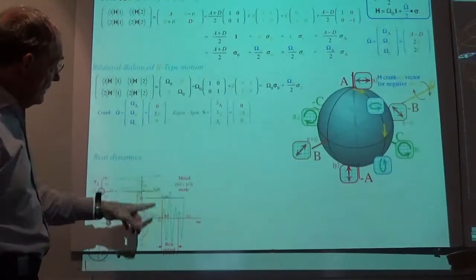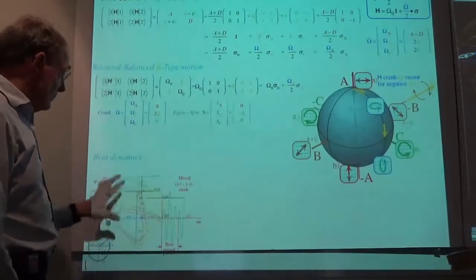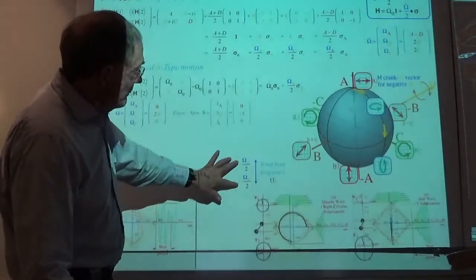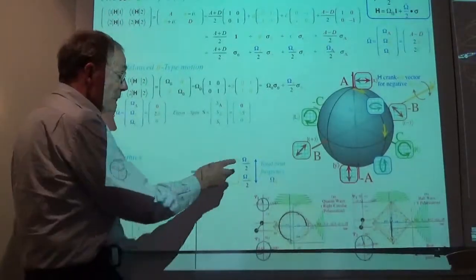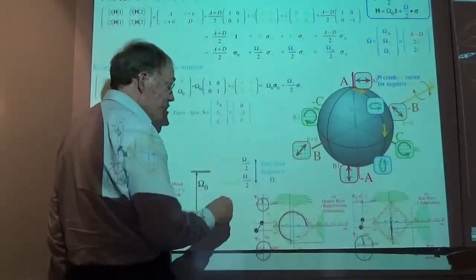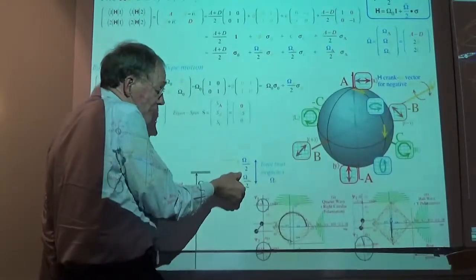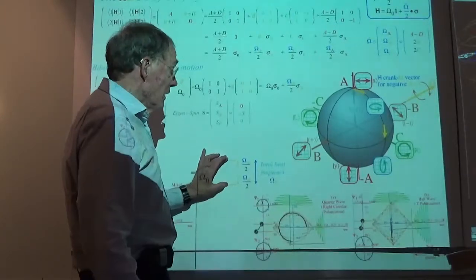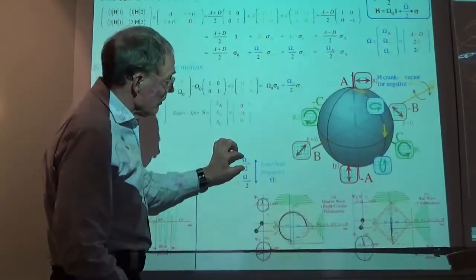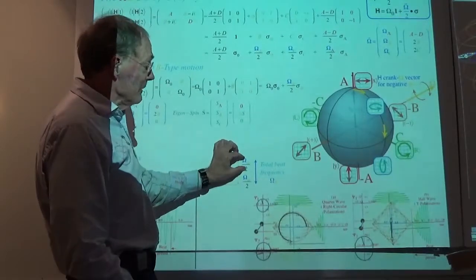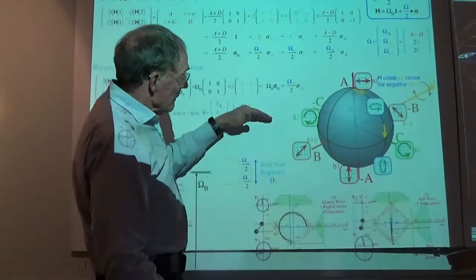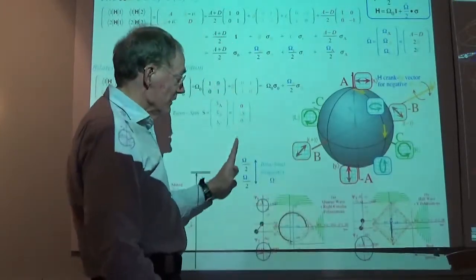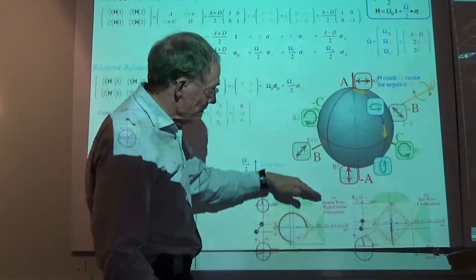Anything else is a combination of those two, and it will undergo beats at the difference frequency. Whatever that crank rate is, omega b, one half is here and the other half is here. That's the total, what engineers would call a beat frequency. My druthers is to call this the quantum beat frequency, because we have a beat envelope which has to go two of the engineer periods to get back home again.